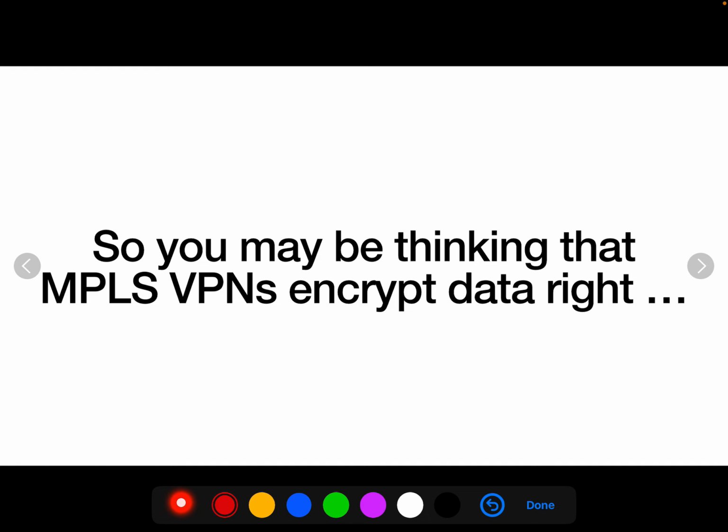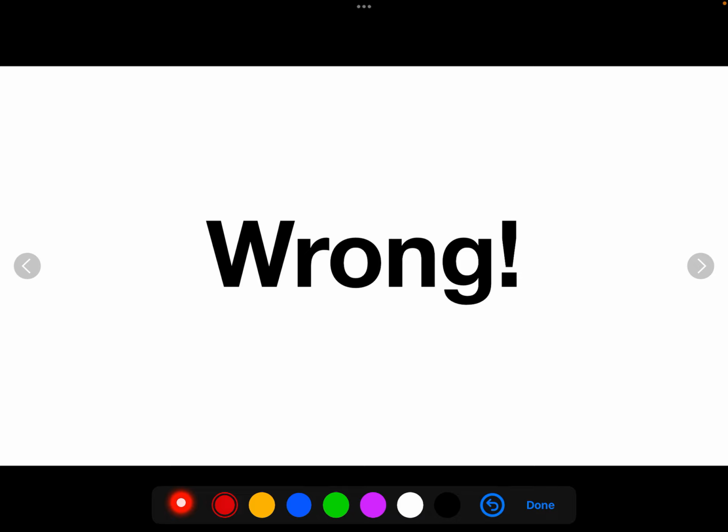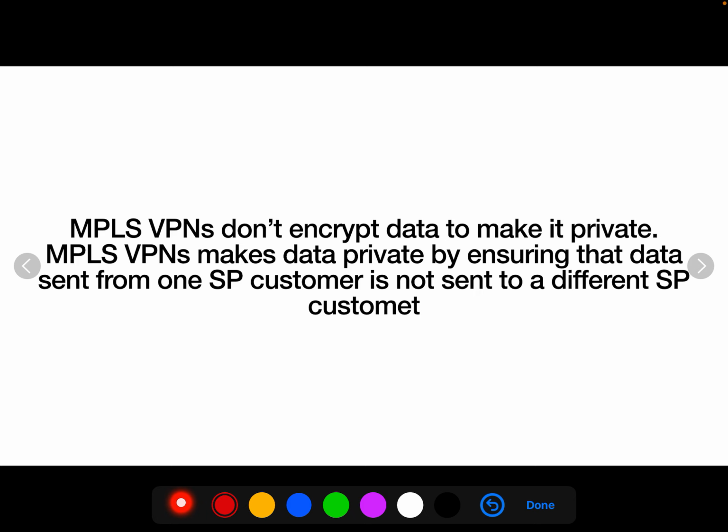Now you might be thinking that MPLS VPNs encrypt data, right? Well, this is wrong. When we think of VPNs, we do normally think encryption, but we've got to remember here, MPLS VPNs don't encrypt data to make it private.